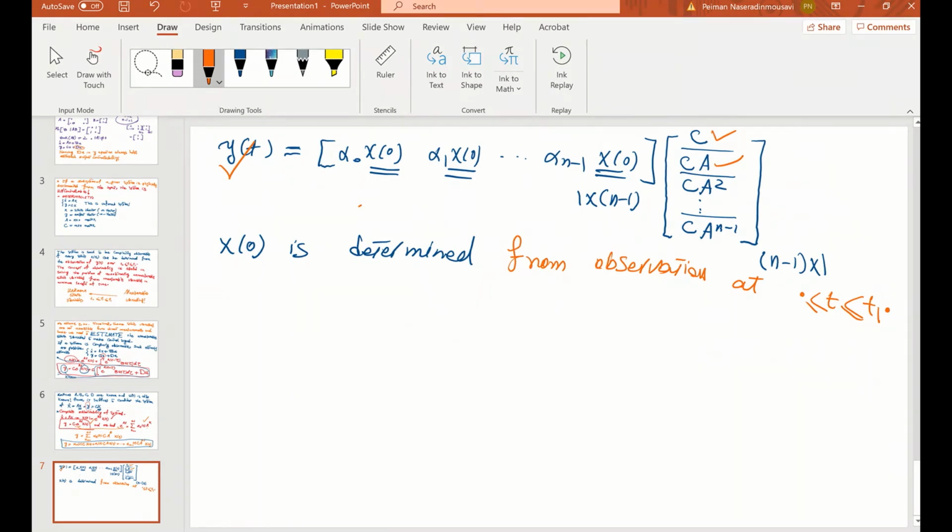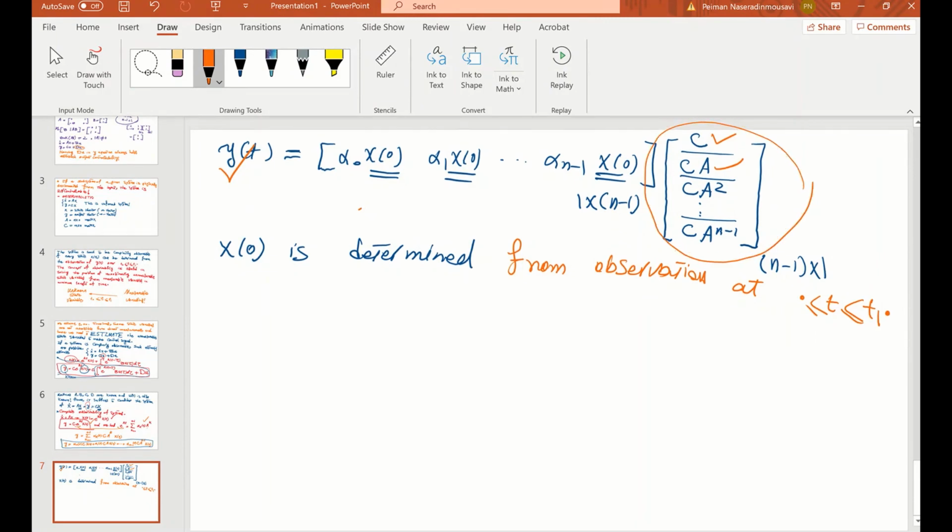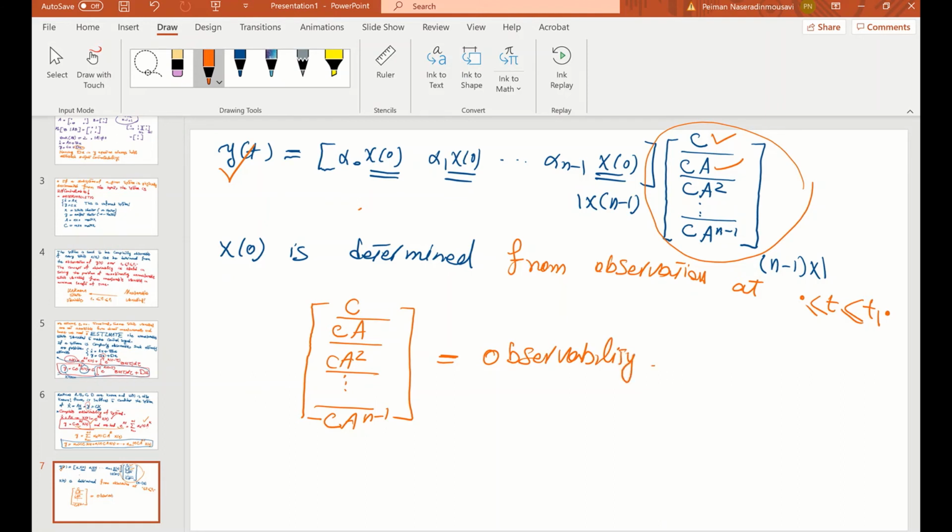Clear? So the name of this matrix, C, CA, CA squared, until CA to the n minus 1, is the observability matrix. If you want to know that the states of a given system are observable, or you can estimate them based on the observation of the output, you have to check the rank of this matrix, guys.